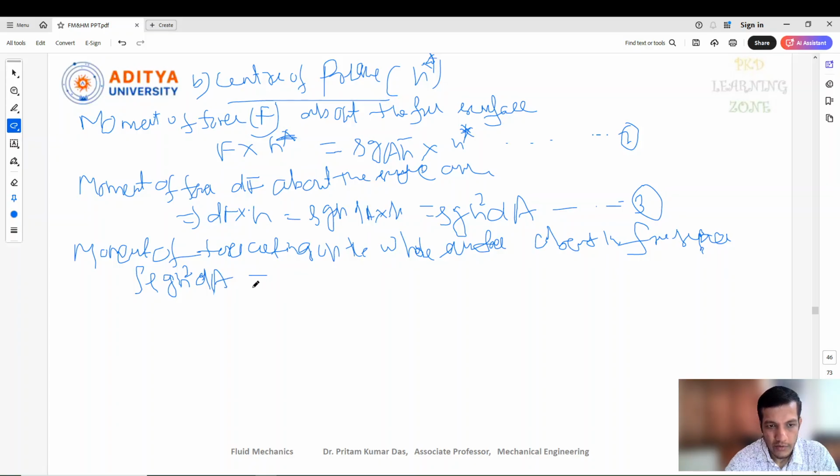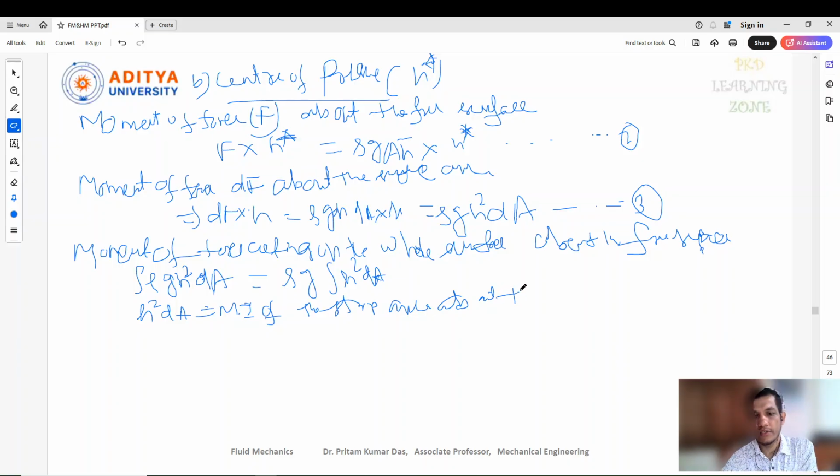Okay, now similar thing we can write rho g, we will take it outside, integration of h square into dA. Okay, now this h square dA we can write again, h square dA is nothing but the moment of inertia, the moment of inertia of the strip area above the free surface, because everything we are considering from the free surface only.